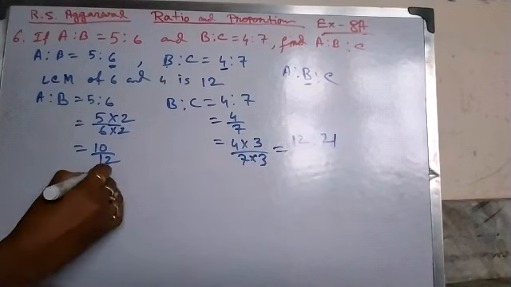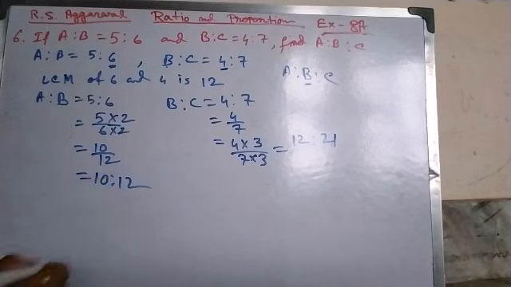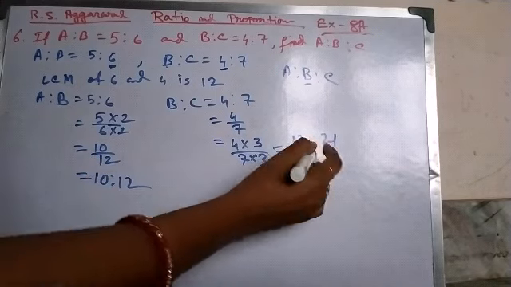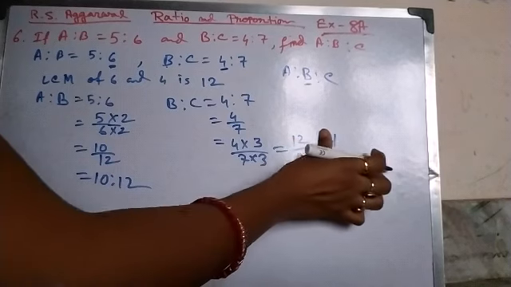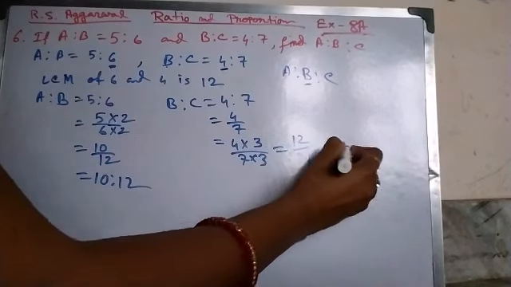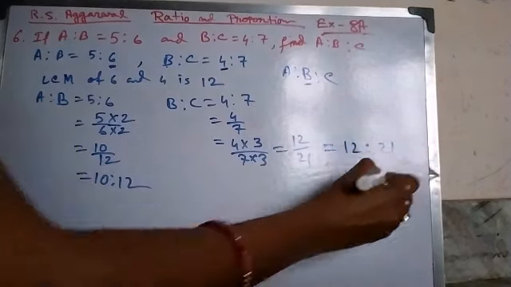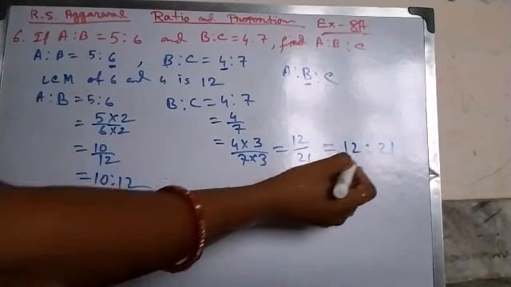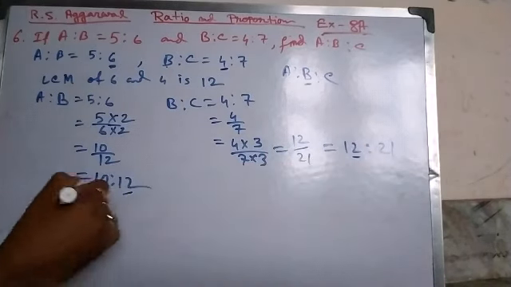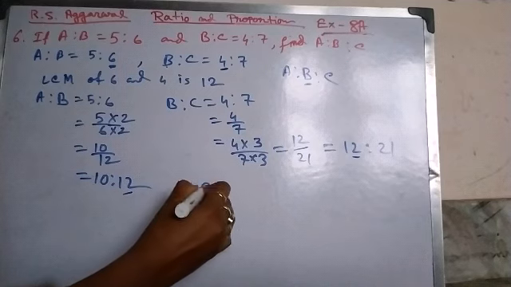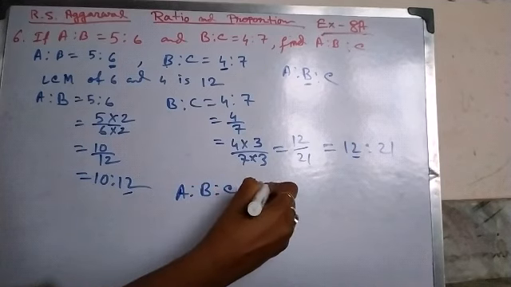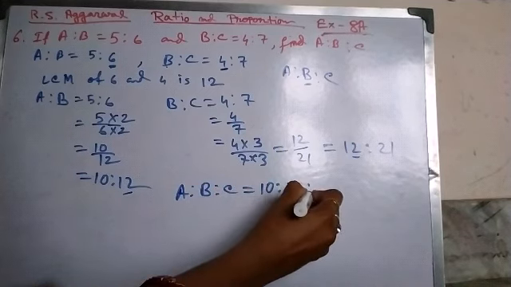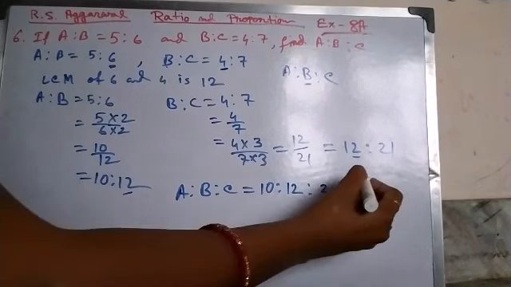So here we'll get 10:12. First of all, 12/21 we have to write, then in ratio form we will write. So here is B term 12, here is B term 12. So easily we can write that A is to B is to C equal to 10:12:21. This is the answer.